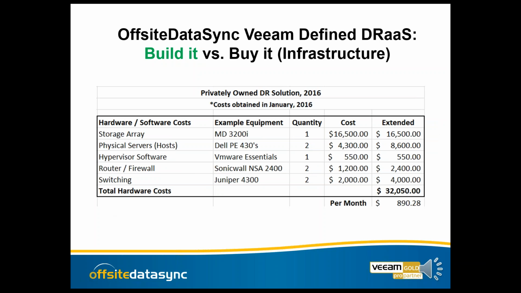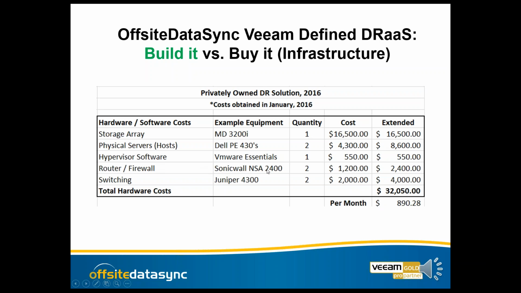After you have a co-location defined, of course you have to rack it out with equipment. I went on the very cheap side here because I didn't want to inflate numbers in making the business case against building your own solution. So I looked at a fairly inexpensive Dell MD3200i, approximately $16,500. I'm not going to read these line by line, but there are 2 hosts, the hypervisor software to run the cluster, and a router and firewall built into one.